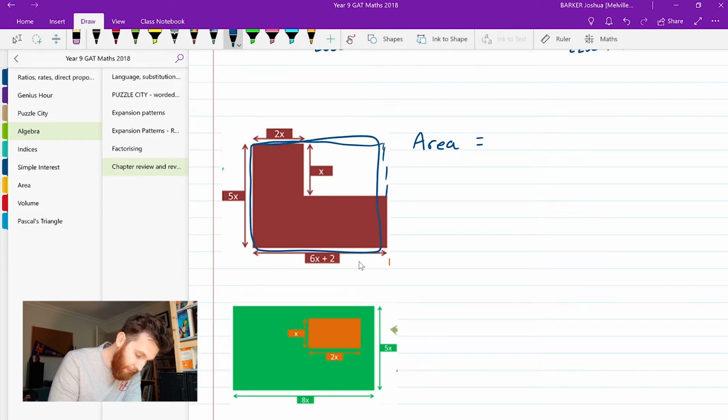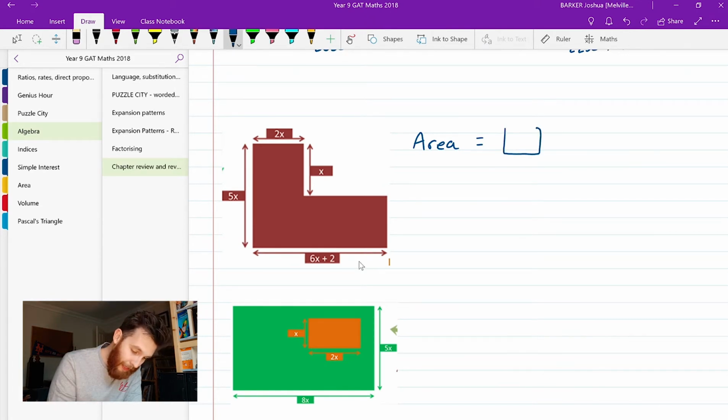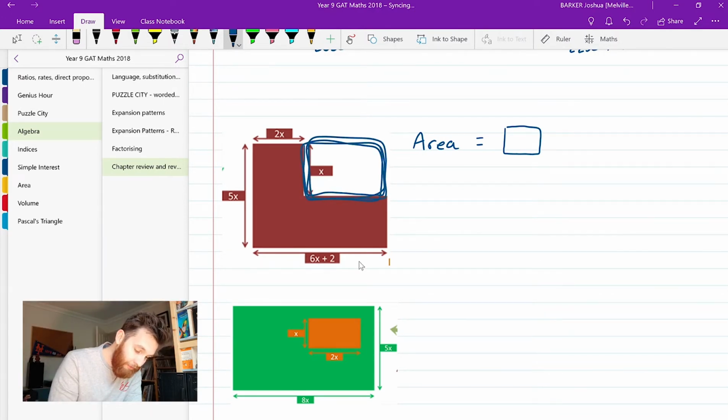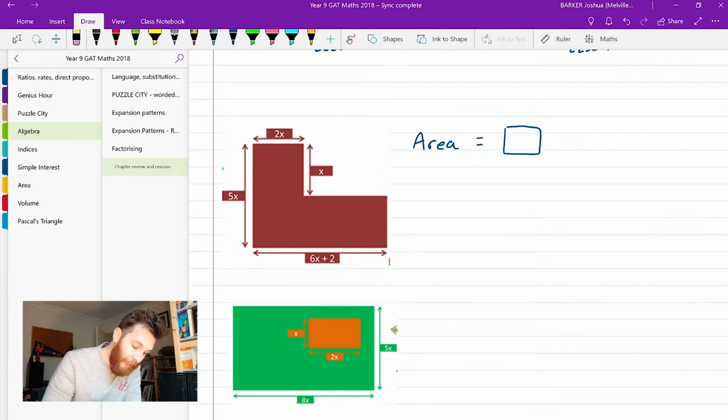So I'll just draw that in here. So find the area of whatever that rectangle is, and I'll just represent that with a big rectangle, but then I would take away this chunk that's missing here. So do it in a subtractive sort of way, like find the bigger area, take the smaller area away, and it will give you what's left. I'll represent that with another little rectangle there.